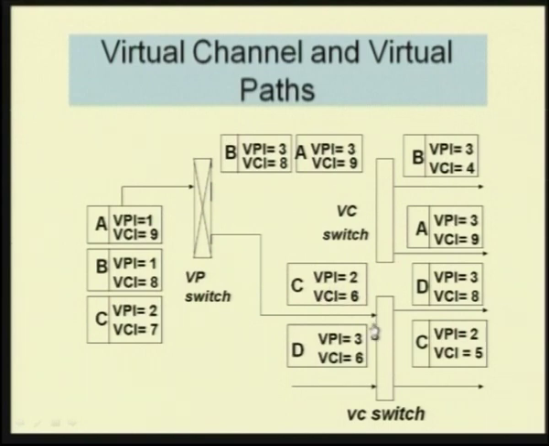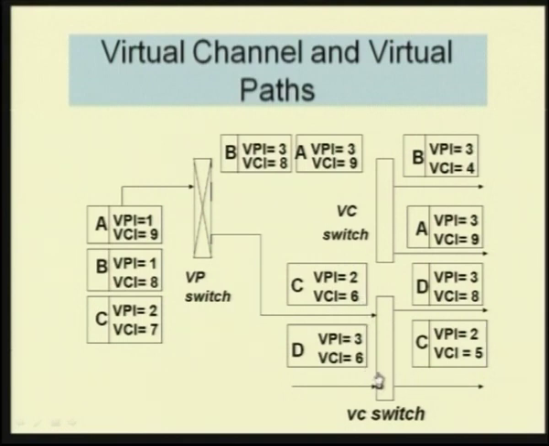Now we come to the VC switch. At this VC switch, I could have another cell D coming in from some other VPI, through another virtual path, so it obviously has a different VPI. So, this has a VPI 3 and this one has a VPI 2. Let us say both of them have the same VCI value of 6.